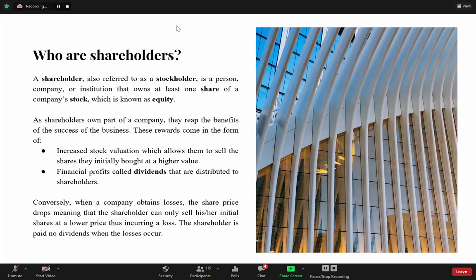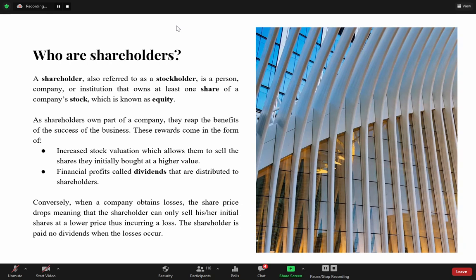come from the increased stock valuation, which also allows them to sell the shares they initially bought, and also the rewards come from the financial profit, which are called the dividends. The dividends are the distribution of a portion of the company's earnings, which are decided by the board of directors.